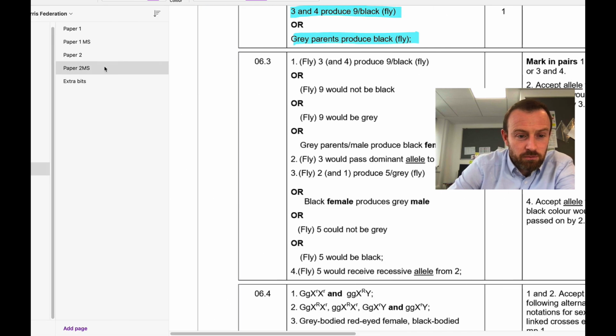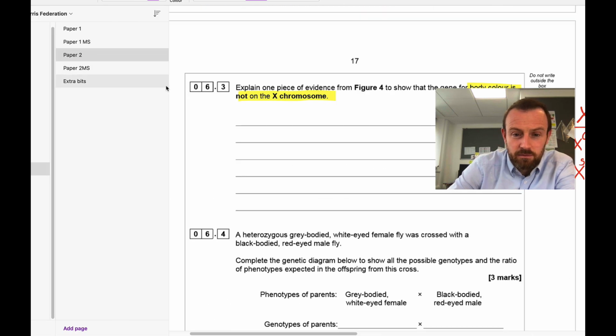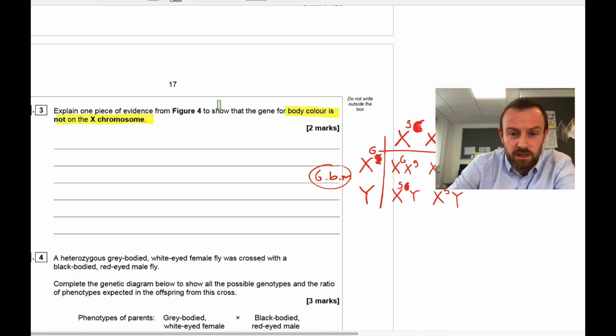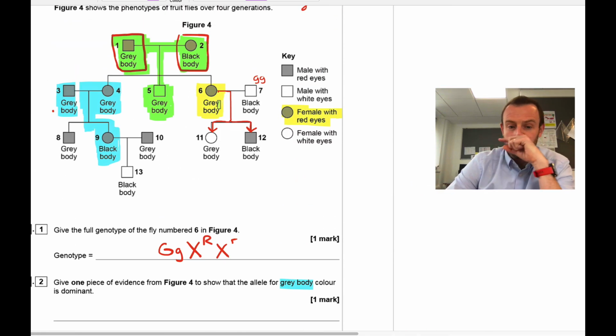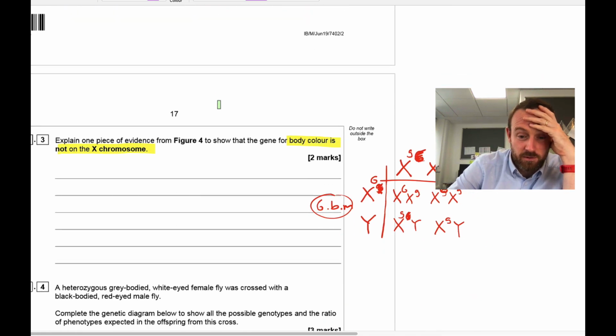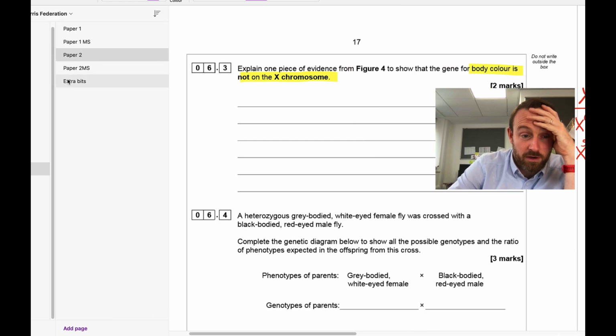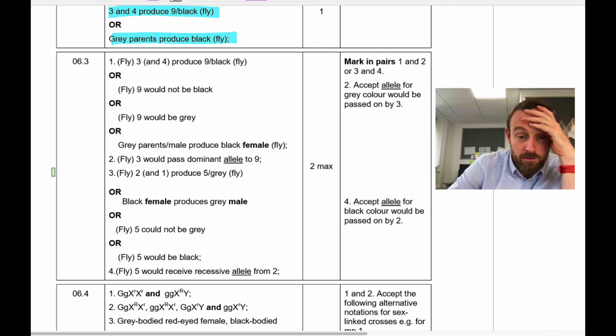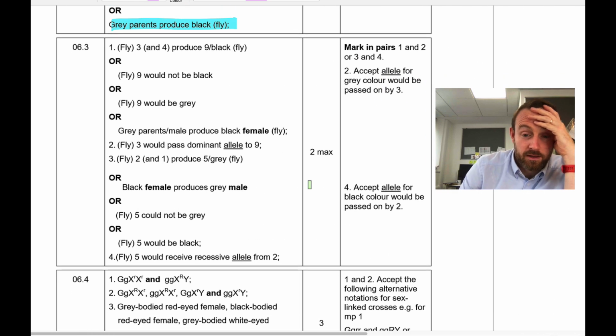Which one did I actually talk about? I said fly 1 and 2 produce 5 is what I was talking about. Is that even on here? Yeah, okay, so fly 2 and 1 produce 5. So a black female produces a grey male.